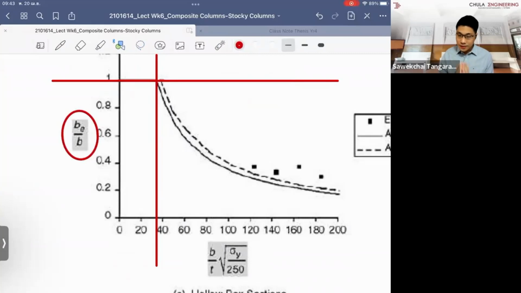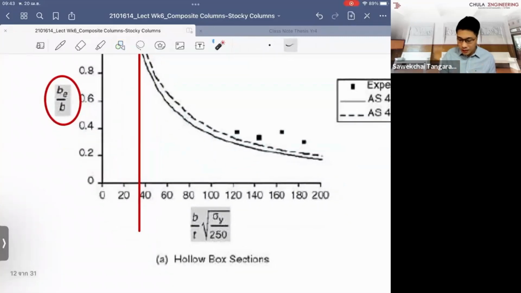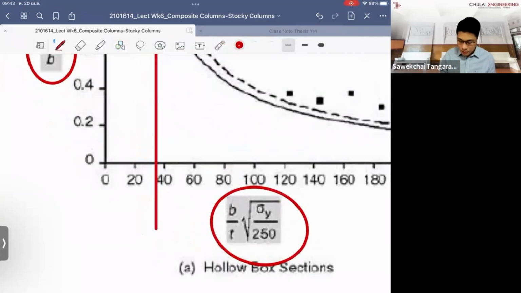B is the physical width of the section, and if the slenderness ratio of your section sits above the limit, then we call this limit the slenderness limit, lambda.